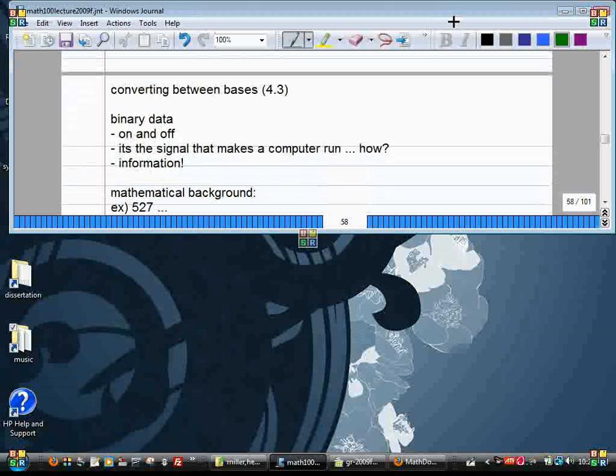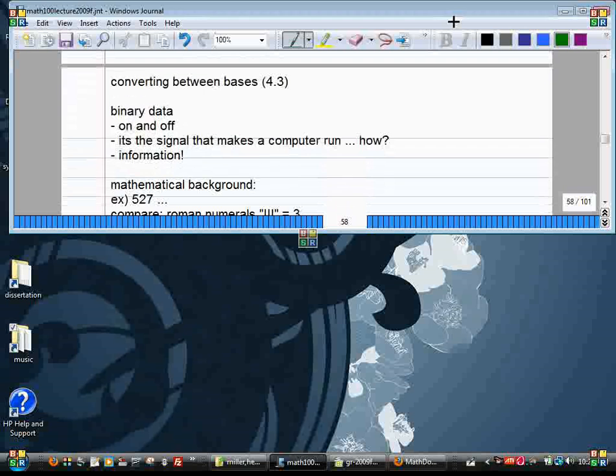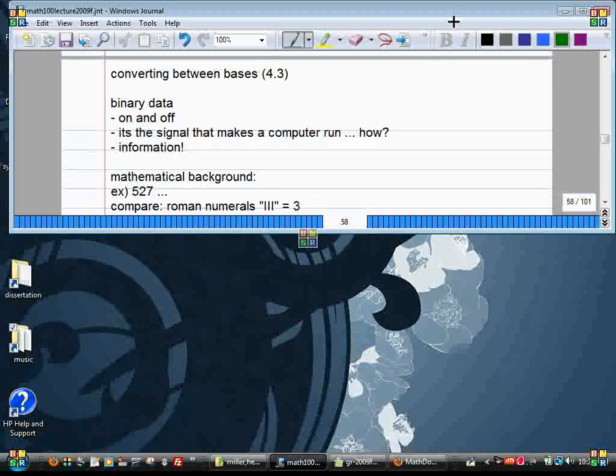Numbers were not always written that way. I presume everyone is at least slightly familiar with Roman numerals. So, for example, where we write what we call the digit 3, what did the Romans write?